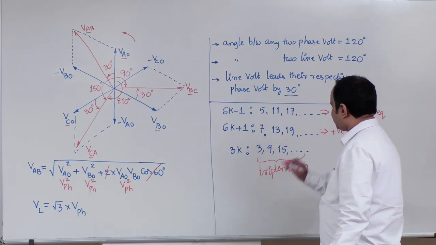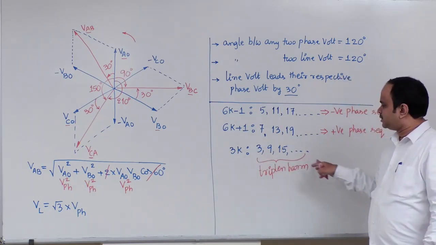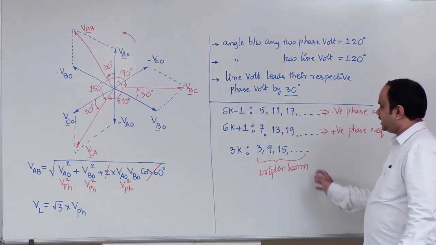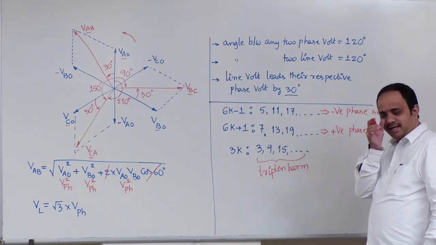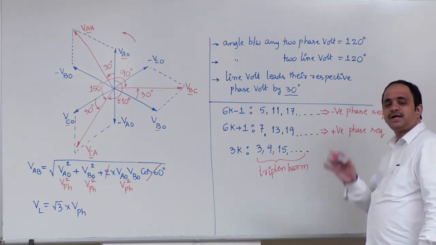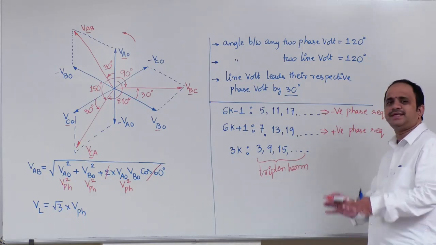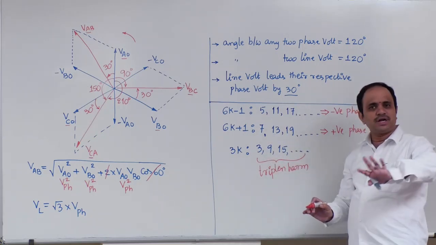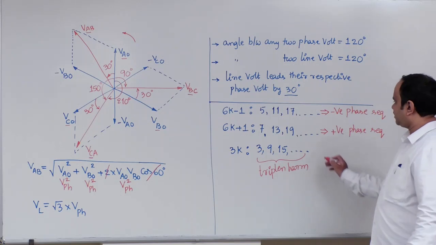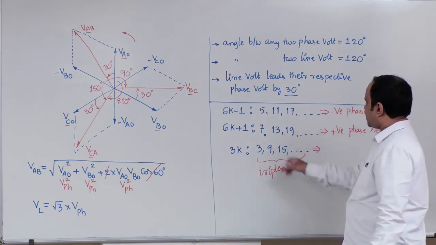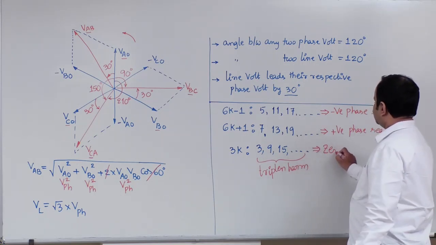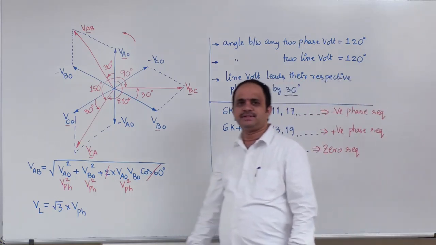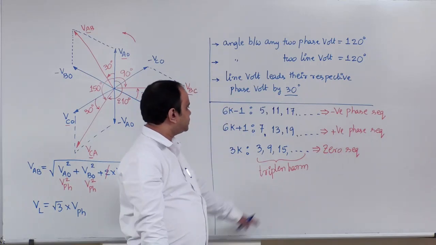Triplen harmonics: odd multiples of 3, those harmonics are called triplen harmonics. We will see the reasons later. Basically, in three-phase power electronic circuits, triplen harmonics will not be present. Reasons we will study later. And hence, these harmonics are represented as zero sequence components.